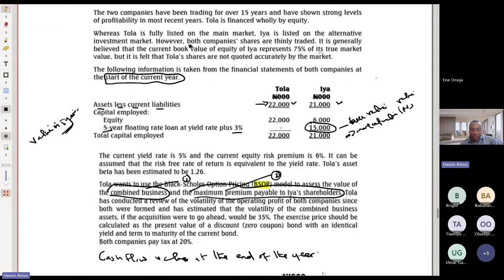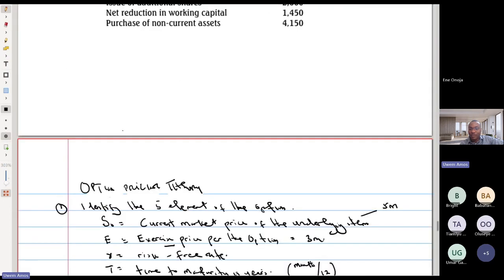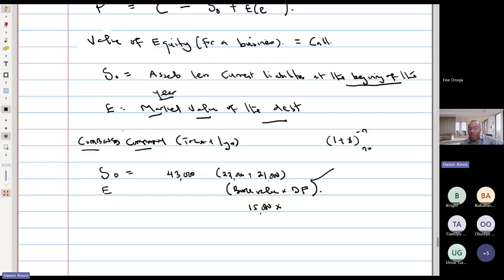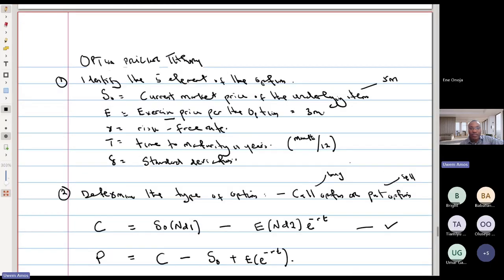So it is a 5-year floating bond. So our N is 5. What is our R, which is our rate of return? Let's go back to the question on the bond and see what our R is.